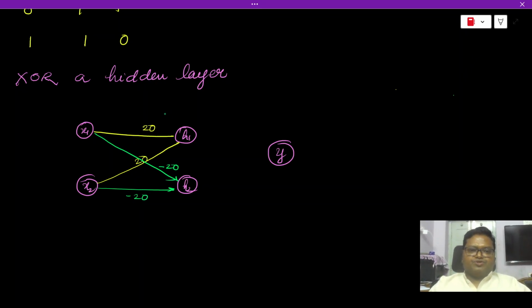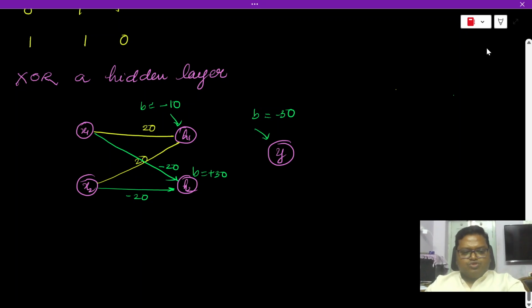And the bias here is minus 10 and here the bias is plus 30 and here the bias is minus 30. We can work with any values, it will be converging, but to make it more simple, we are taking simple values.